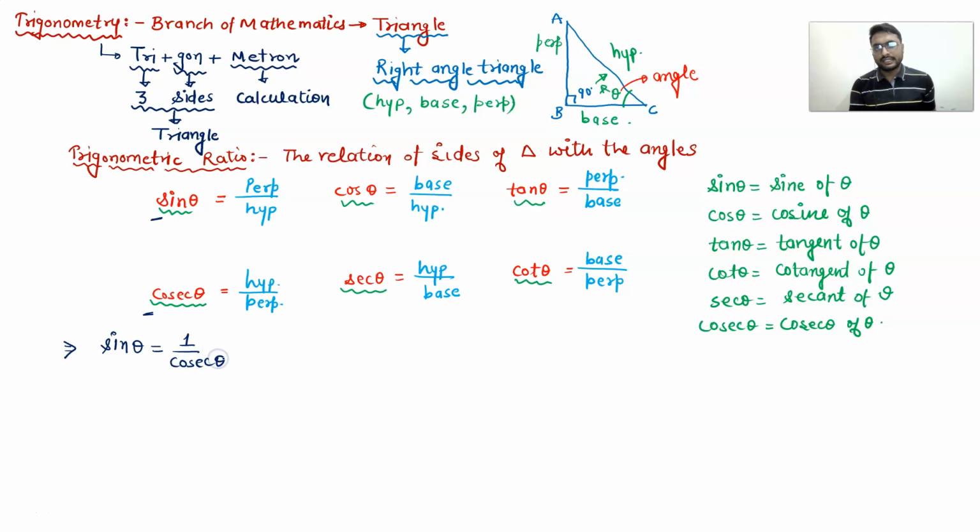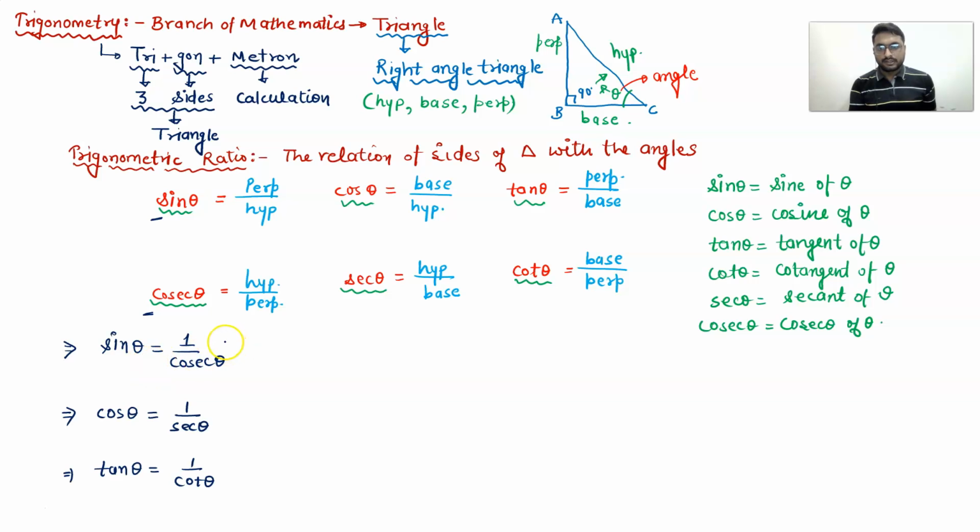That means sine theta is the reciprocal of cosec theta. Similarly, you can write the same result for cos theta: cos theta is equal to 1 upon sec theta. Similarly, for tan: tan theta equals 1 upon cot theta.